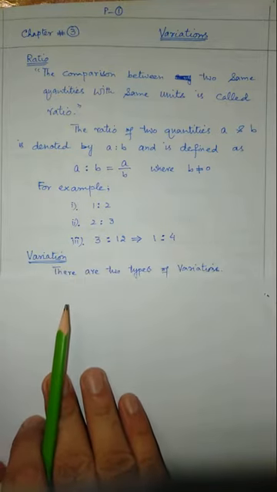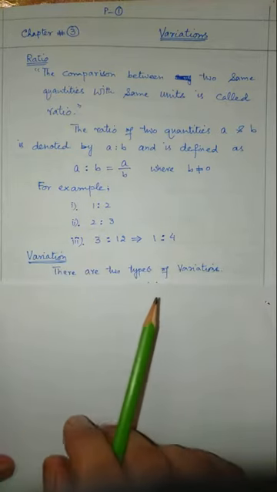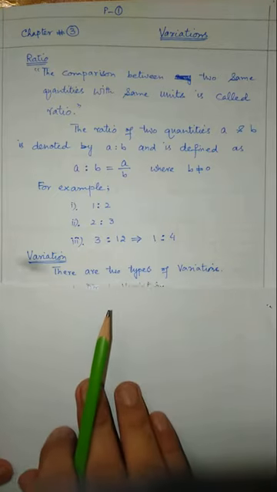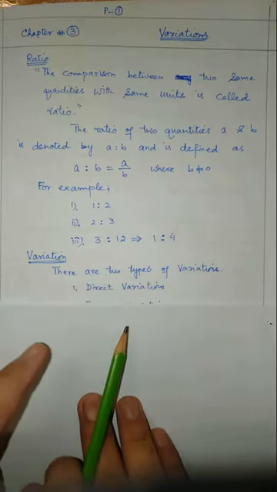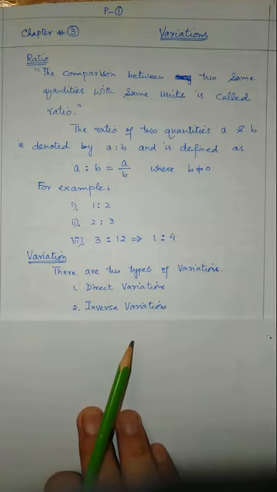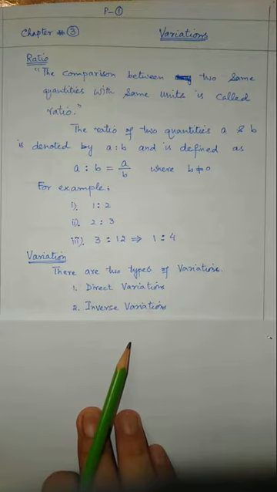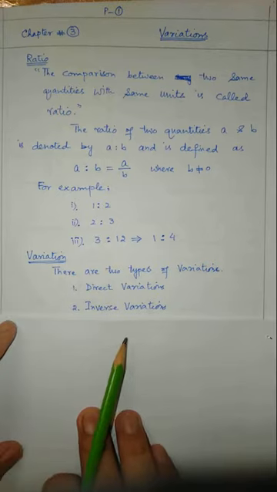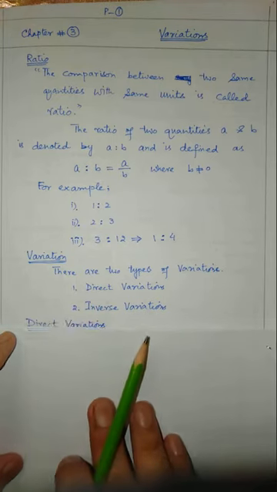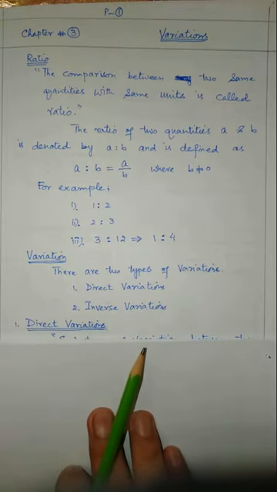The other term is variation. There are two types of variation or proportional. One is called direct proportional or variation. The second is called inverse proportional or variation. First of all, direct variation.